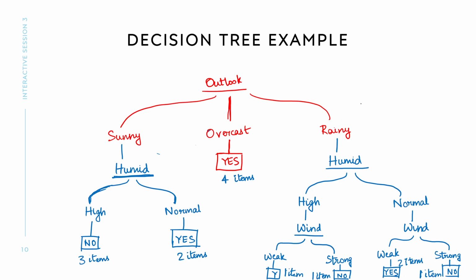That would have been a much bigger and much more complex tree, which is not required. This is a smaller and simpler tree, which is easier to understand. So if you go by the information gain, then it is always better. It will give you the smallest tree which you can make.